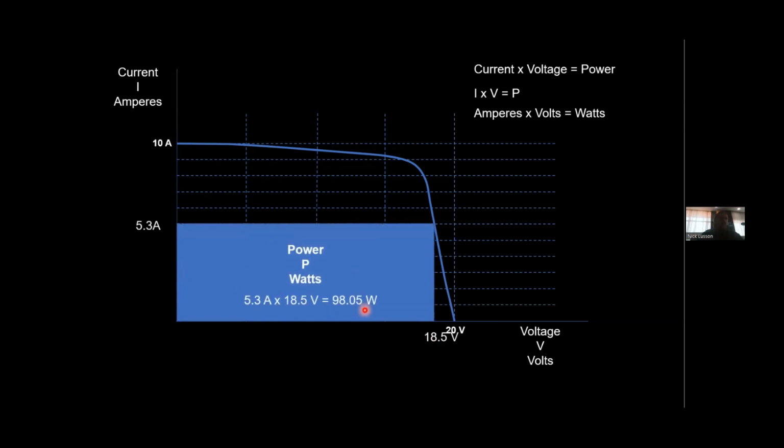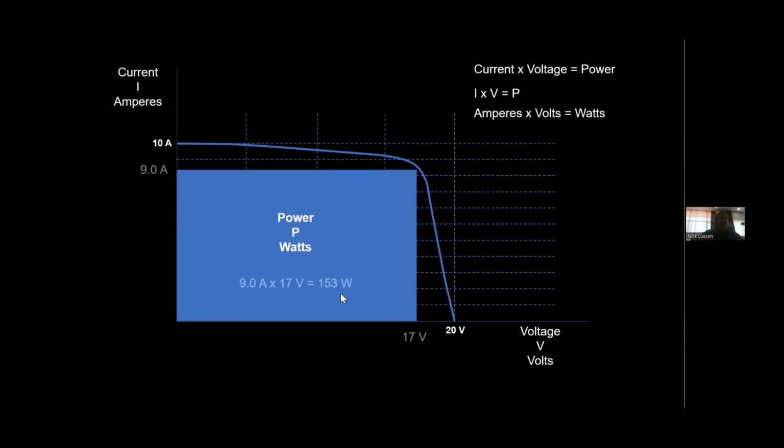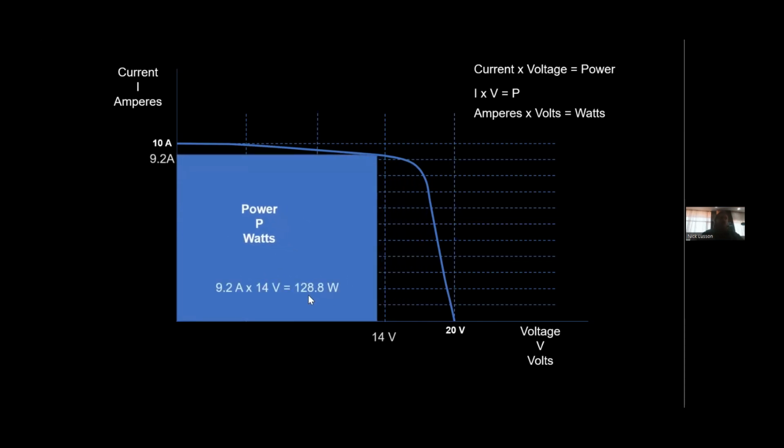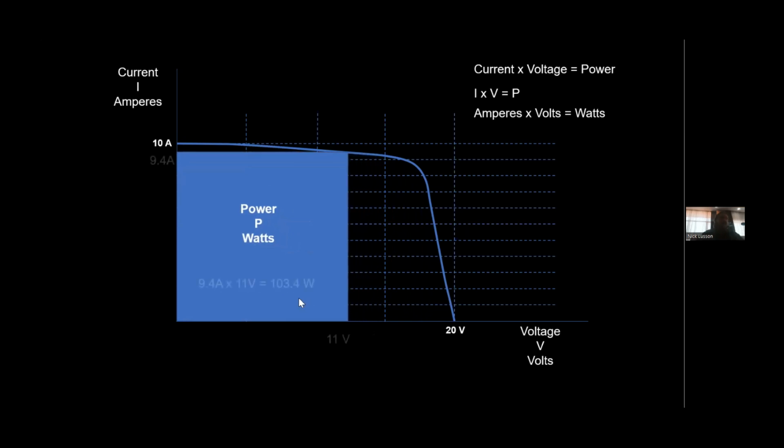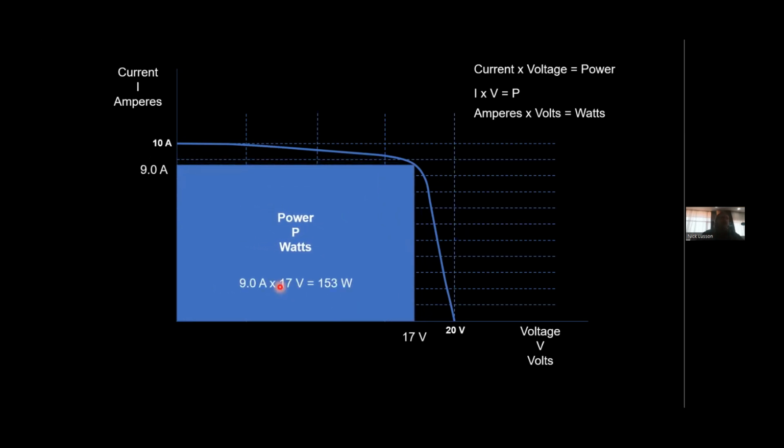That means there is a point on this curve that will give you the maximum power. Here's 135. Okay, here's 153. That's a lot. But then we go back down to 128, 103.4. So there's a maximum power point here. Right about there, that's when you get the most power. When you use like 17 volts, 9 amperes in this example.